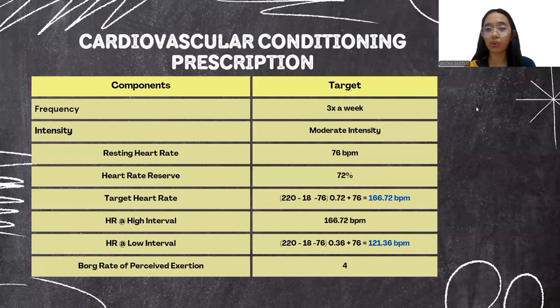So my heart rate at low interval is 121.36 beats per minute. According to the Borg rate of perceived exertion, moderate activity and moderate intensity is at 4 on the scale.